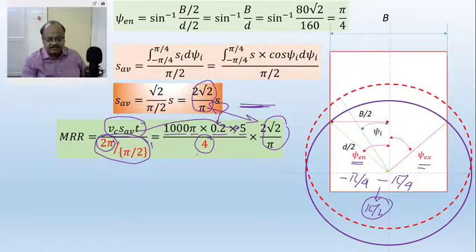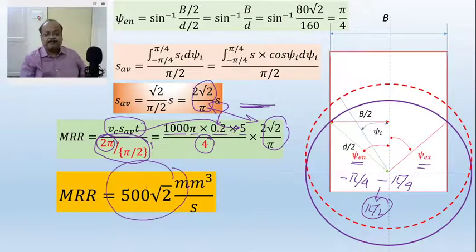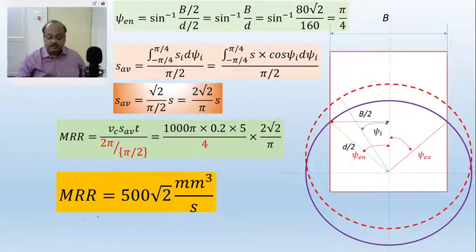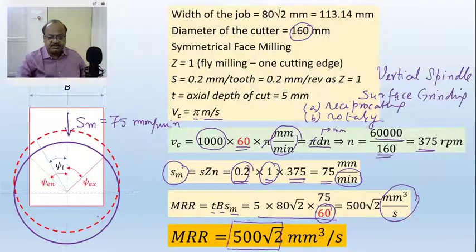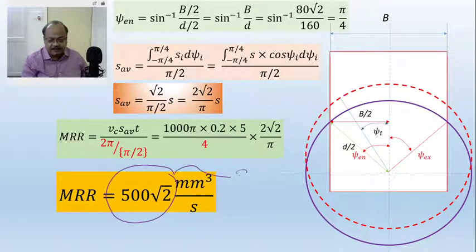So 4 is appearing in the denominator, and if you do the simplification, you will get once again 500√2. So my point is, whether you are using the normal approach 500√2 or the average feed approach, both of them would be useful.